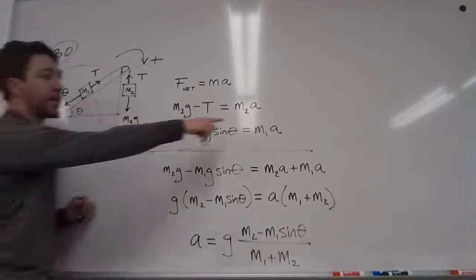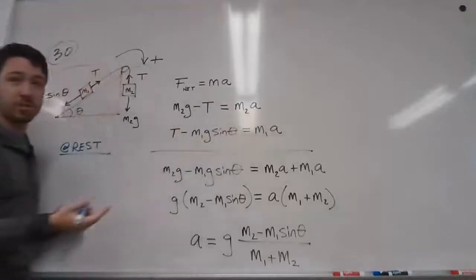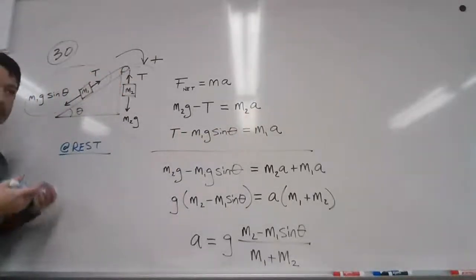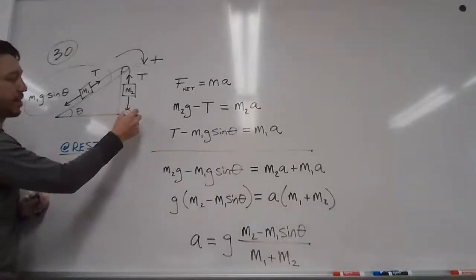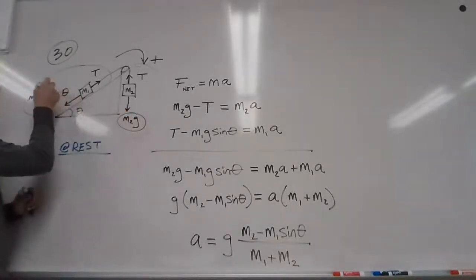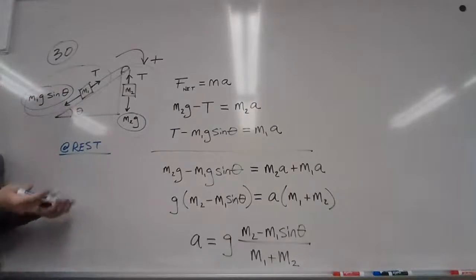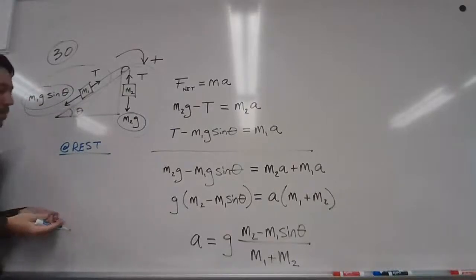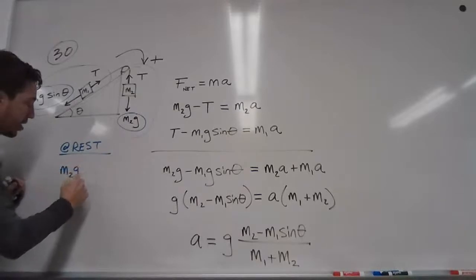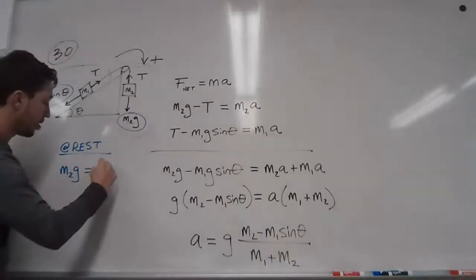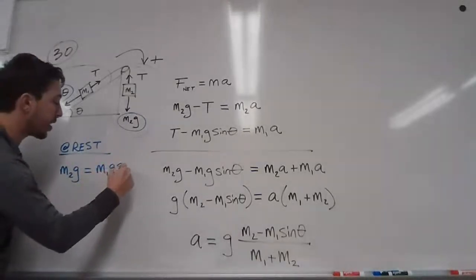You could set the acceleration equal to 0 and then do a substitution if you want. But I would argue this is just as mathematical to say if this force and this force are the same size, then the system won't move. And so I could say M2G has to equal M1G sine theta.